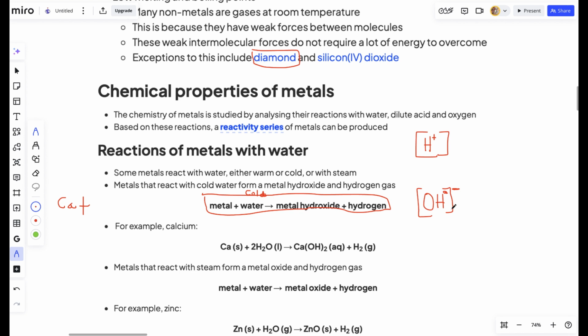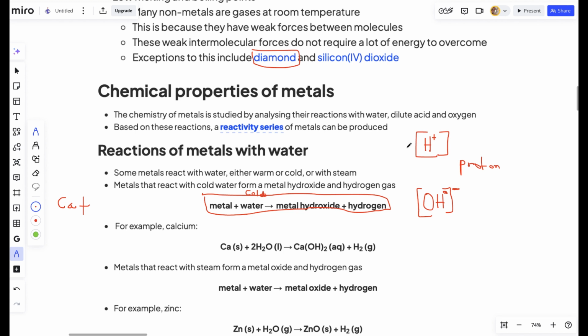But if you don't want to write those long stories, you just say an alkali is a proton acceptor, meaning it accepts hydrogen plus. Proton acceptor for alkali, proton donor for acid.